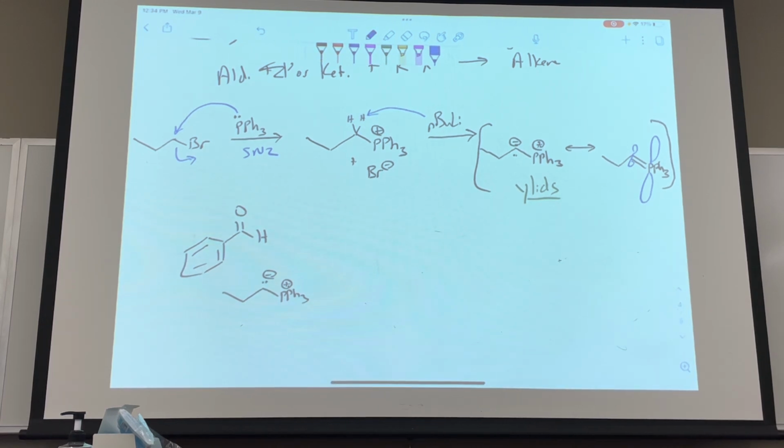So the way this mechanism is going to proceed is the nucleophilic carbon of the ylid is going to attack the carbonyl carbon. And that's going to give me something that looks like this. Maybe I'll color code this just for the sake of clarity.